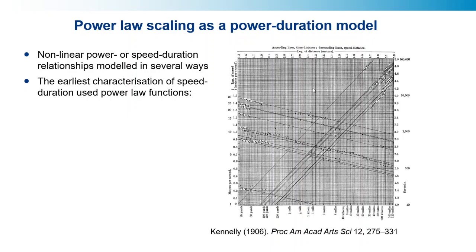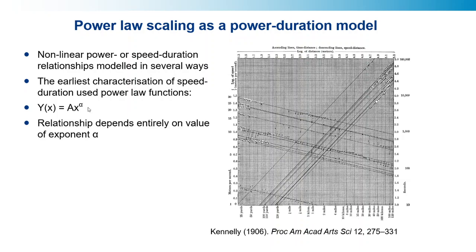But the key point of the plot is that they are on log axes. And so you can create a straight line relationship by logging both axes, and that's the basis of a power law function. So in a power law function, you have a proportionality constant relating x to y, and then you have an exponent. So this is an alpha exponent. And in this case, the slope of the line depends entirely on the exponent alpha.